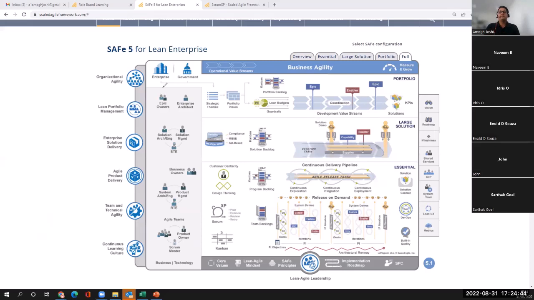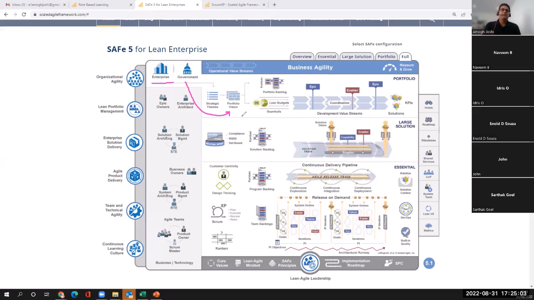Let's say an example of Virgin Atlantic. Virgin is an enterprise having many portfolios, and Virgin Atlantic is one portfolio of Virgin Group by Sir Richard Branson.